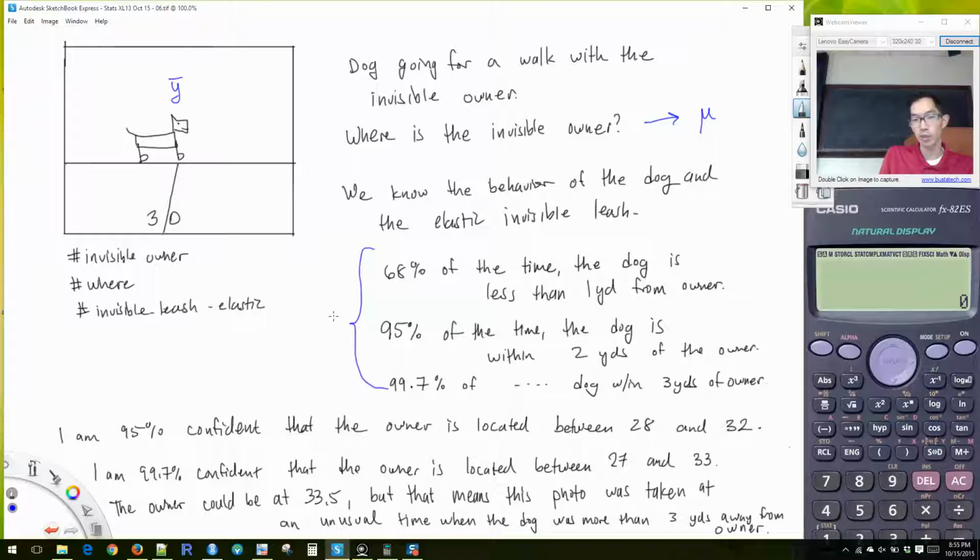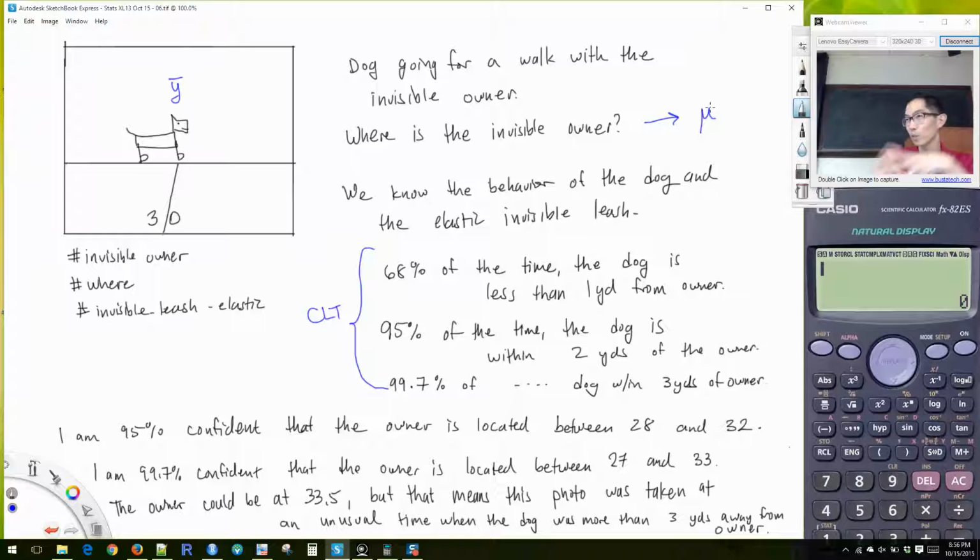The central limit theorem states that y bar comes from a normal distribution centered at mu, so that we know that y bar 68% of the time is within 1 standard deviation of mu, 95% of the time is within 2 standard deviations of mu, and 99.7% of the time it's within 3 standard deviations of mu. Okay? So we know the behavior of y bar because of the central limit theorem.